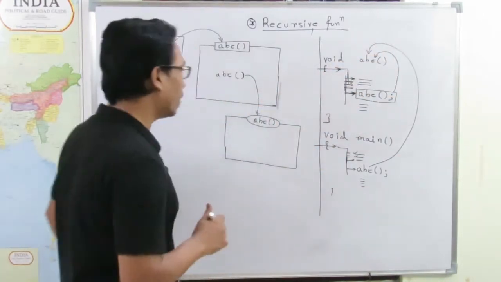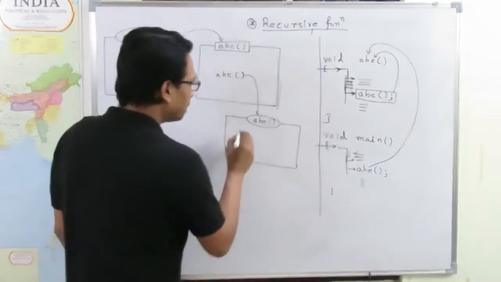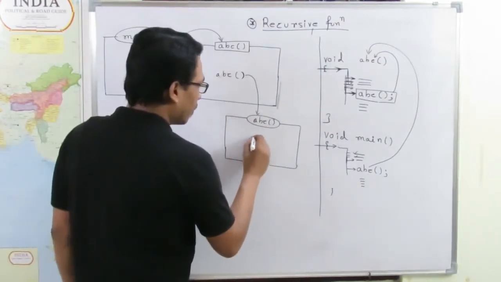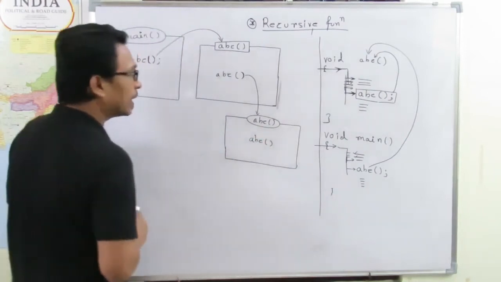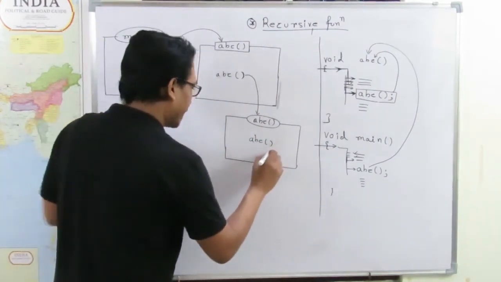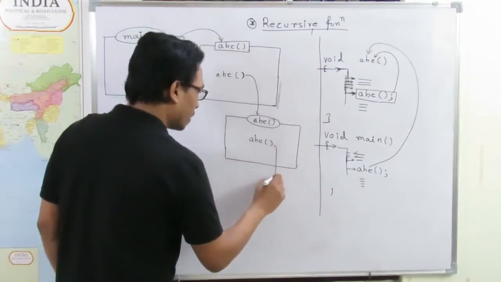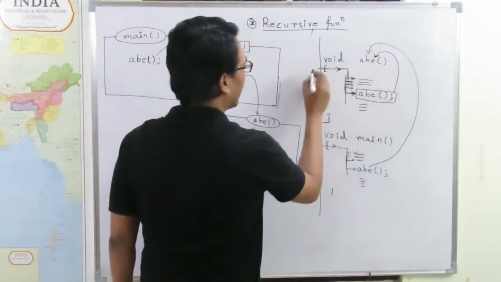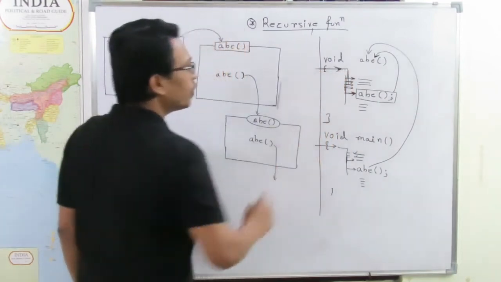Clear? Now from this abc function, again we called the abc function. That means from this particular point, control again comes to the start point of the abc function and enters inside a new block.